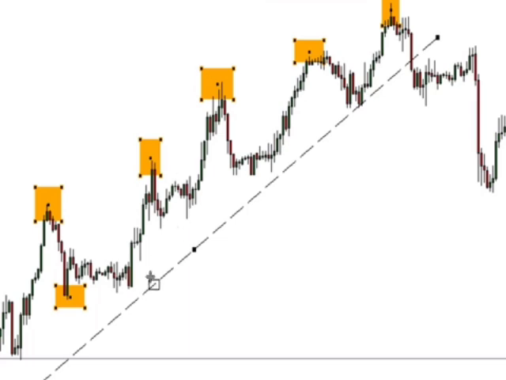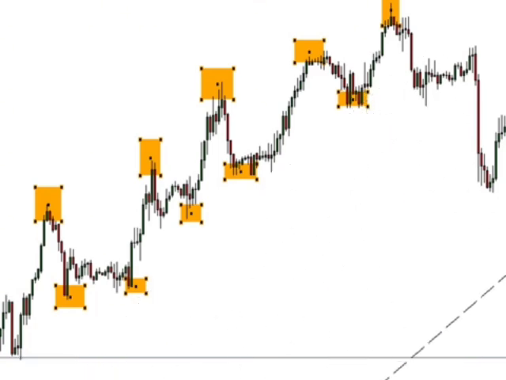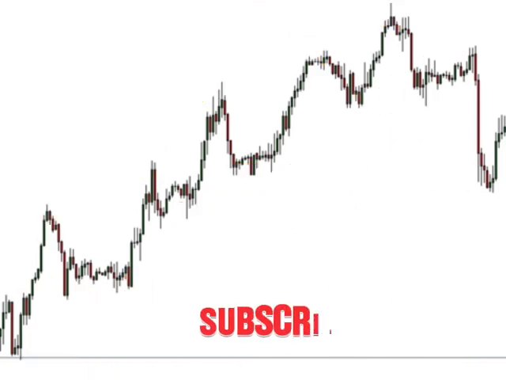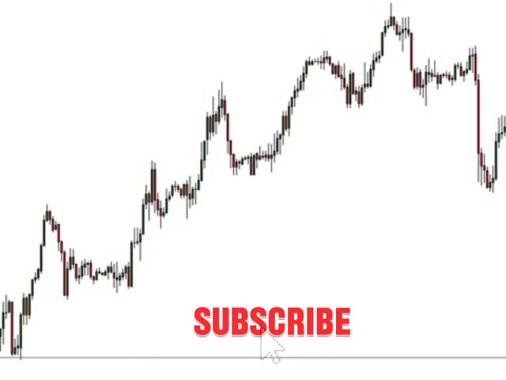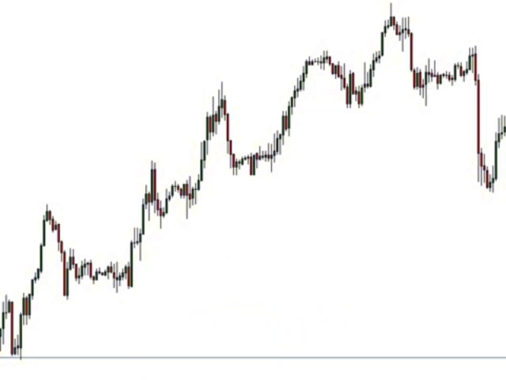Every time we have a higher low, we are said to form a new low. Okay, this is it. So this is why we call it an uptrend, because we have a formation of higher highs and higher lows. So when you see this kind of movement in the market, you basically have an uptrend.